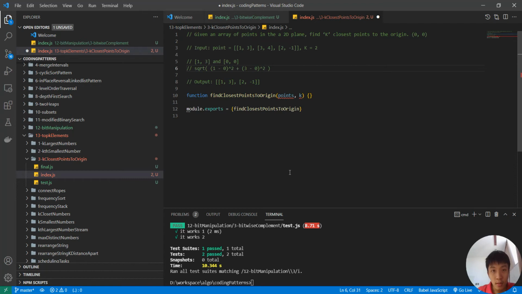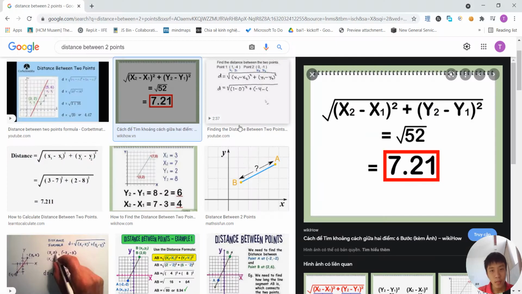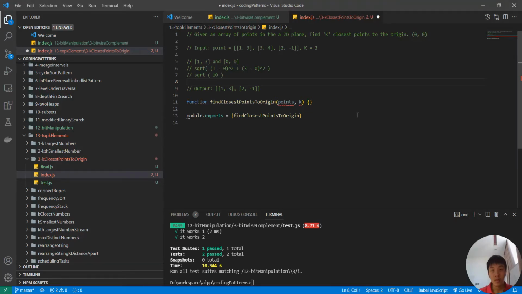Okay. So this will equal the square root of 1 square is 1 plus 3 square is 9. So it's 10 in total. So square root of 10. Right.